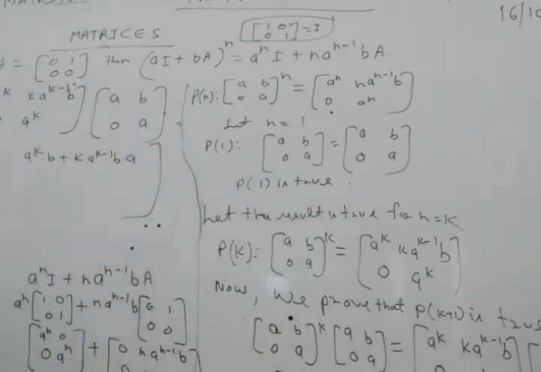Okay? Now multiply this. Second row, first column, 0 plus 0. Now this term, this is 0 and plus a to the power k plus 1. Okay? Now erase this term.